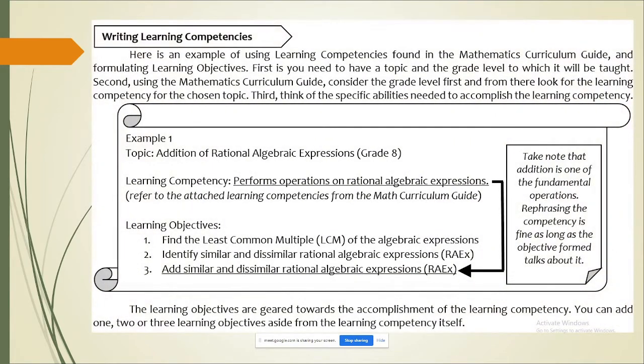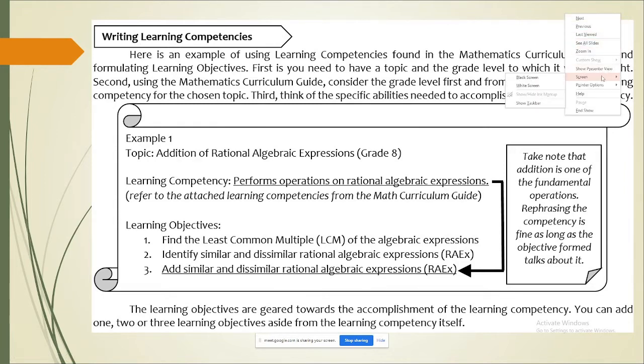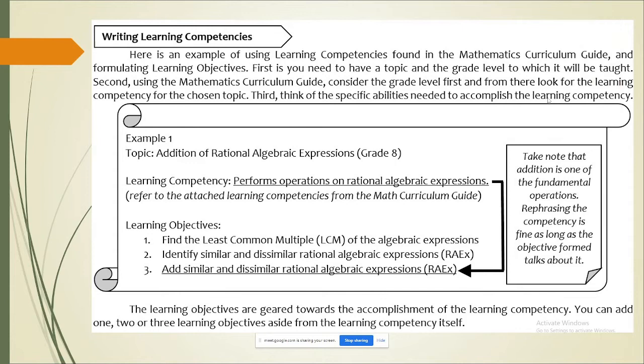Sir, how do we write the learning competencies and learning targets? Okay, here's one lesson. How do we write learning competencies and learning objectives? The learning competencies are no problem because we can find them in the curriculum guide. The problem is how to construct the learning objectives.